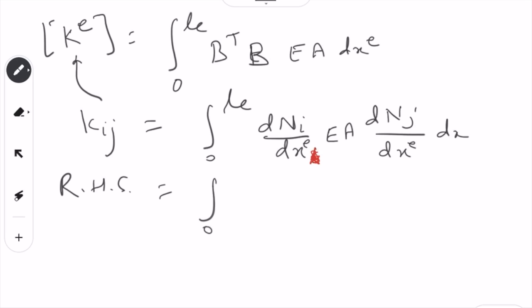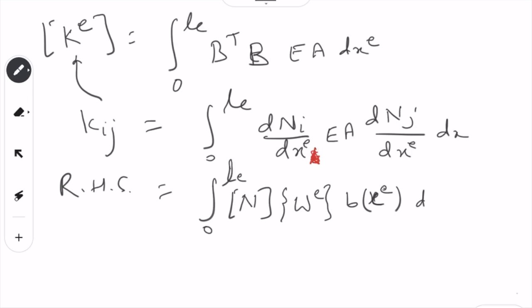So here also, we write right hand side as equal to the integral from 0 to LE. Let us write W first. We know W is nothing but the N matrix multiplied by WE, then b as a function of xE, dxE, plus we have some value, let's call it fn, because it is the nodal value, so fn multiplied by w e.